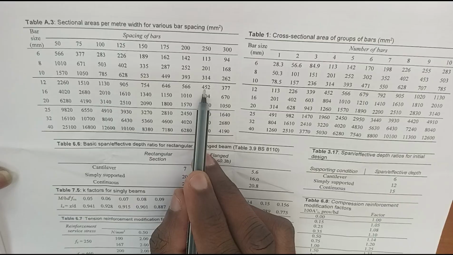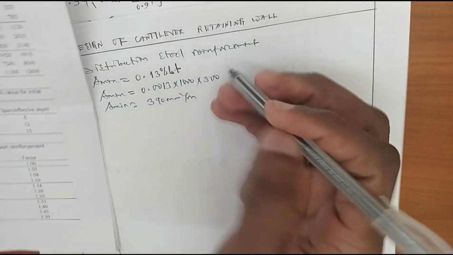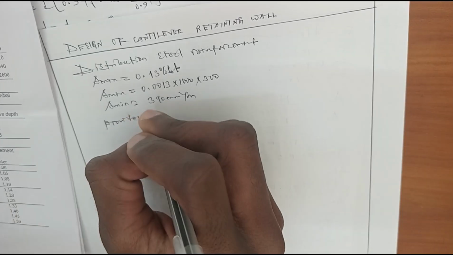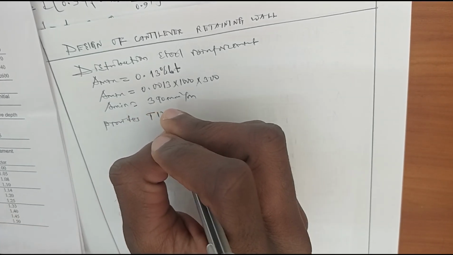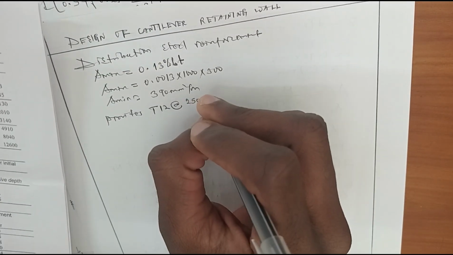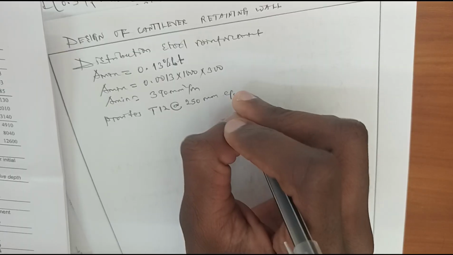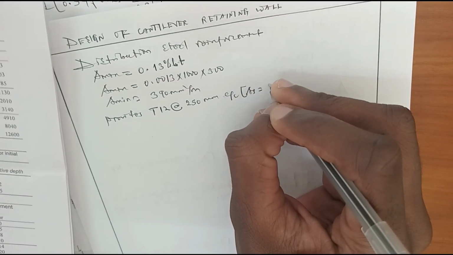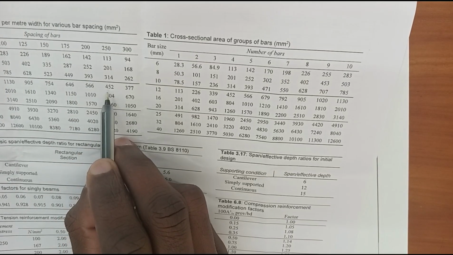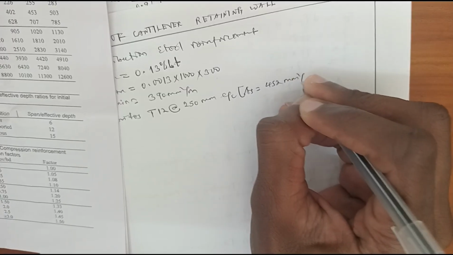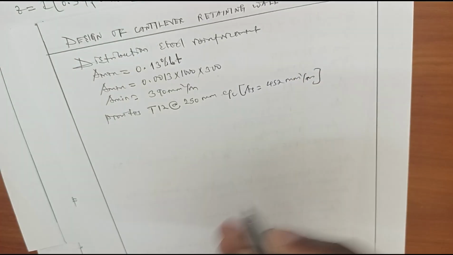So we say provide bars with a diameter of 12 at a spacing of 250 millimeter center to center, which gives the area which is closer to this one. It will be equal to 452 millimeters square per meter. This is the area of distribution steel reinforcement.